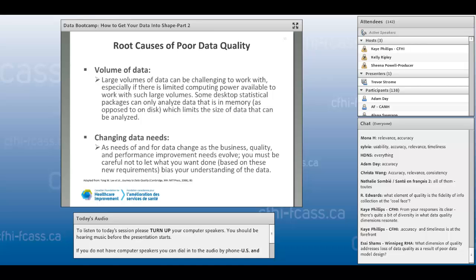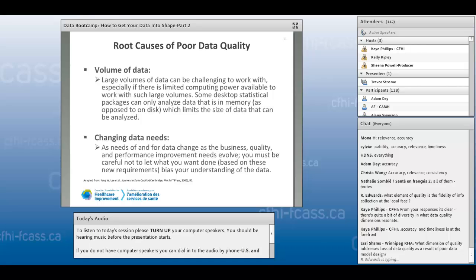We always see, as we change processes on the front lines, as we try and do things differently, as we implement changes, sometimes the changes in patient flow or in workflows happen sooner than we can change our information systems to accurately collect that data. So we want to make sure that we're minimizing situations where the needs have evolved or the way the data is evolving, but we're still capturing data using the old rules or the old logic.